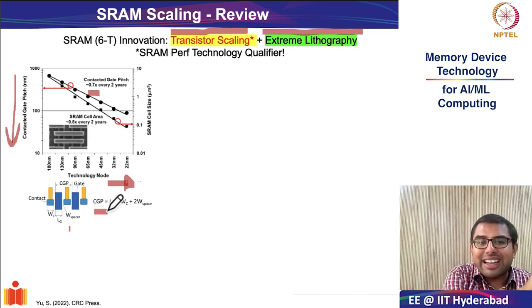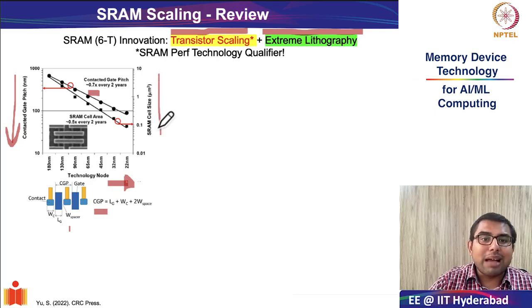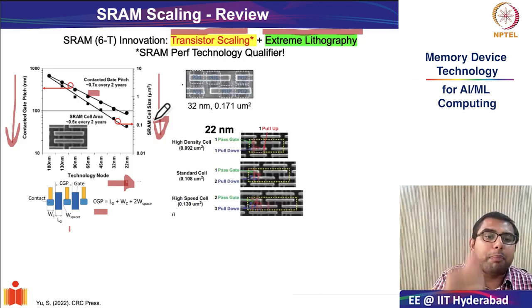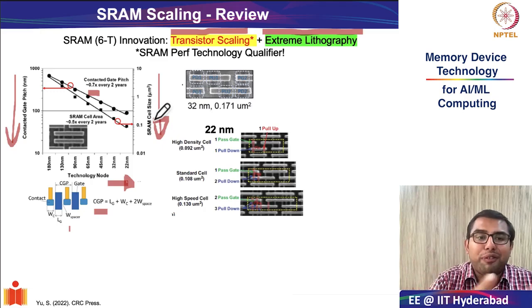And since contacted gate pitch is a linear dimension, if that is reducing by 0.7x every 18 months or 2 years, you can understand that the SRAM cell size will scale by 0.7 the whole square. And therefore, what is essentially happening is the SRAM cell size is reducing by half every 2 years.